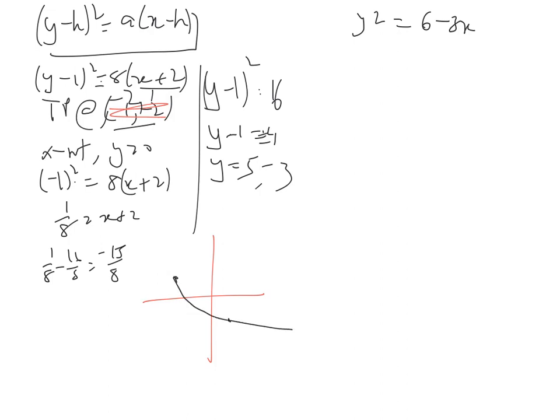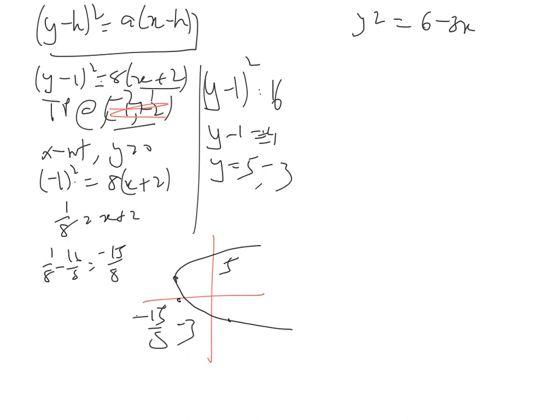So we've got a y-intercept there of -3, and our other y-intercept of 5, and here we have our x-intercept of -15 over 8. Bit tricky on this device, but that's a step you take. If you have any questions, let me know.